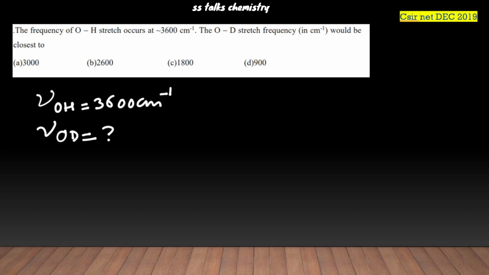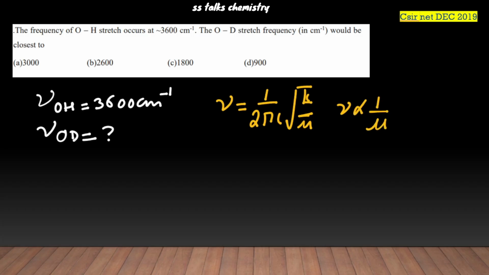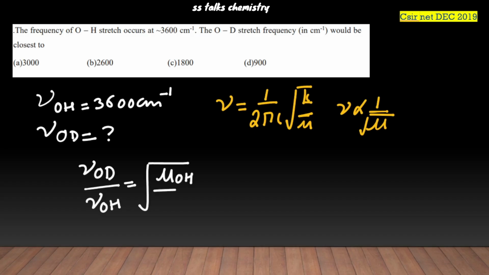Now I know the general formula for stretching frequency is 1 by 2 pi c into the root of k by mu. So we can say that stretching frequency is inversely proportional to the square root of the reduced mass. Now we can compare the OH with the OD. The stretching frequency of the OD bond to that of the OH will be equal to the square root of the reduced mass of OH upon the reduced mass of OD.